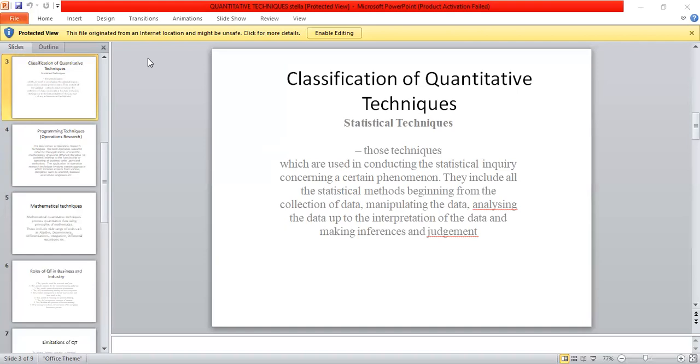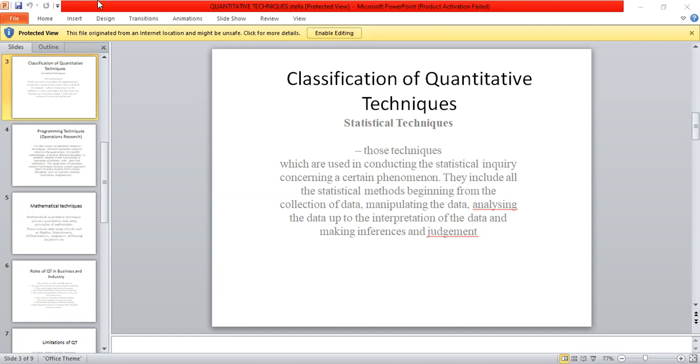Statistical techniques are those techniques which are used in conducting the statistical inquiry concerning a certain phenomenon. They include all the statistical methods, beginning from the collection of data, manipulation of the data, analyzing the data, up to the interpretation of the data, and making inferences and judgment.